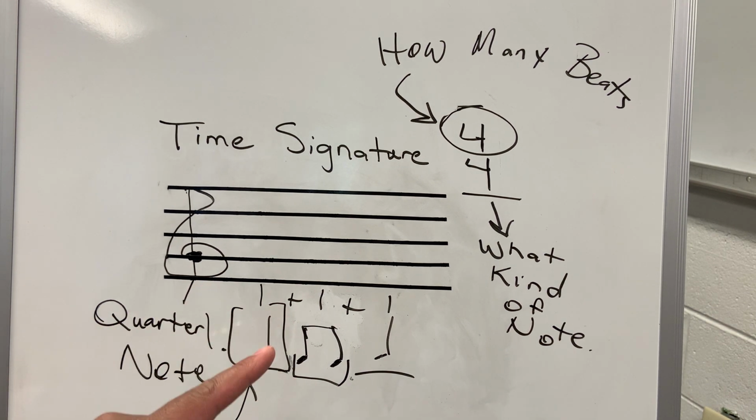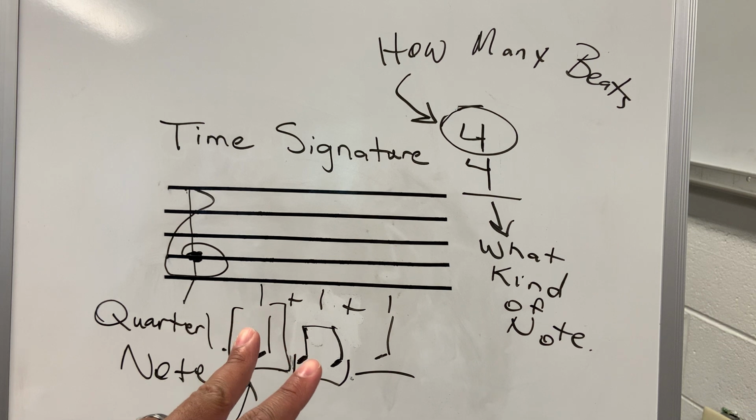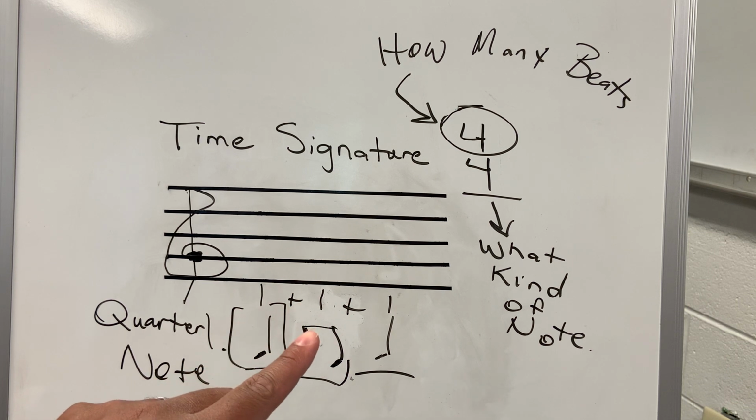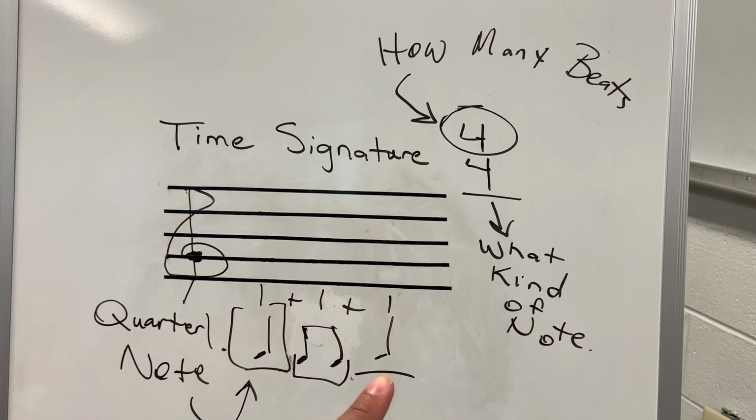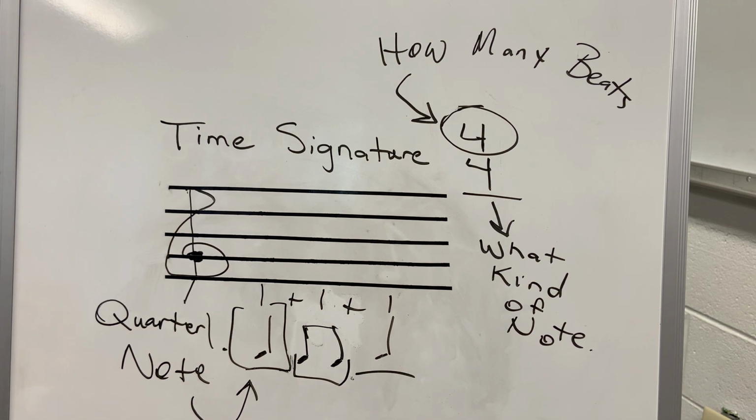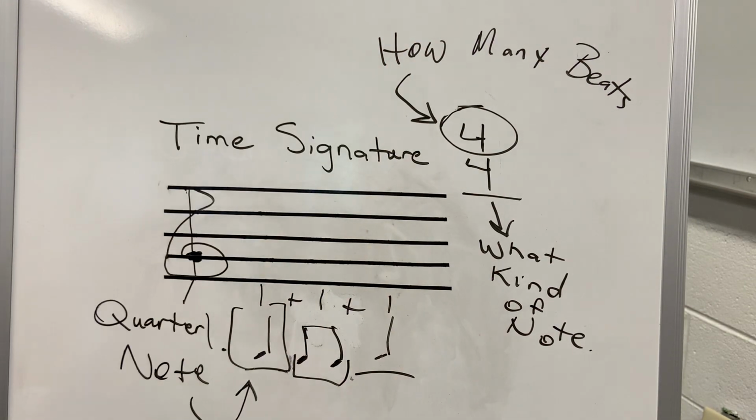A pair of eighth notes, that's another beat. 1 plus 1 is 2, plus another beat, because I see another quarter note here. Now I have three beats. So how many more beats do I need in this measure, everyone? 1, and that will equal 4, okay? I have 3. Now I need one more beat, okay?